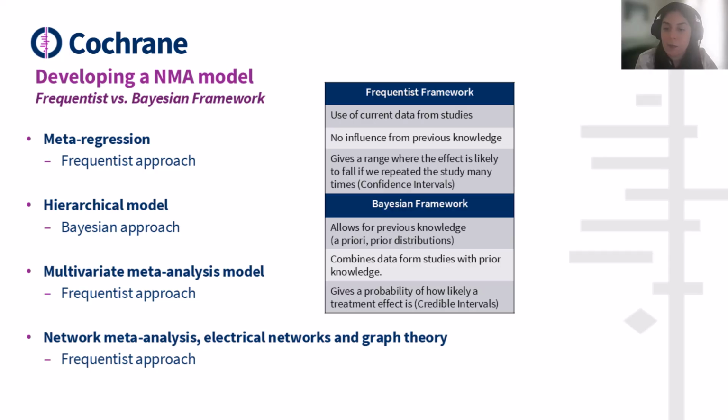Then it updates that prior with the study data. The result is a probability of how likely the treatment effect is, and we have a credible interval. For example, we then say that there is a 95% chance of the true effect of A versus B treatment to lie between 0.5 and 1.5. All these methods for network meta-analysis are reliable and equivalent.